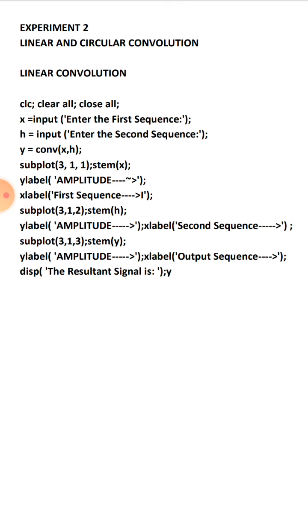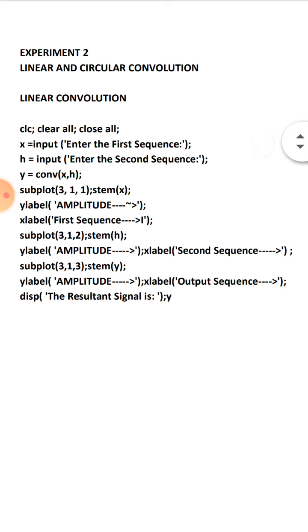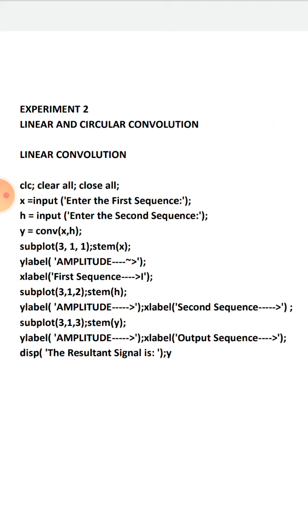So here in linear convolution, it does the mathematical operation of combining these two signals by doing a linear shift. Basically in convolution you will have one signal, and in the other signal you shift the signal and then try to combine these two signals. That is how we convolve two signals.